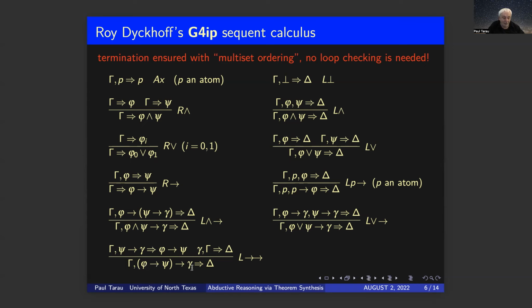So the higher-orderness is a little bit difficult to deal with, both in the type system and as formulas, and this gets broken up into smaller formulas. So that's one of the key things that we use.